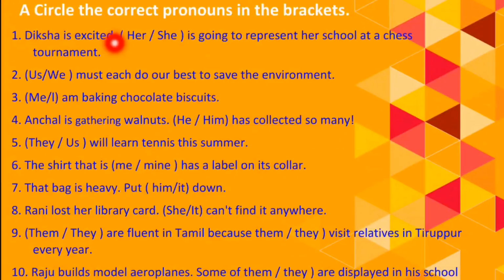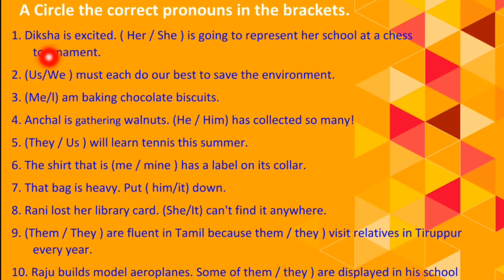Let's take the first exercise, that is, circle the correct pronouns in the brackets. You have to circle the correct pronouns which are already given in the bracket. Diksha is excited. Her or she is going to represent her school at a chess tournament.